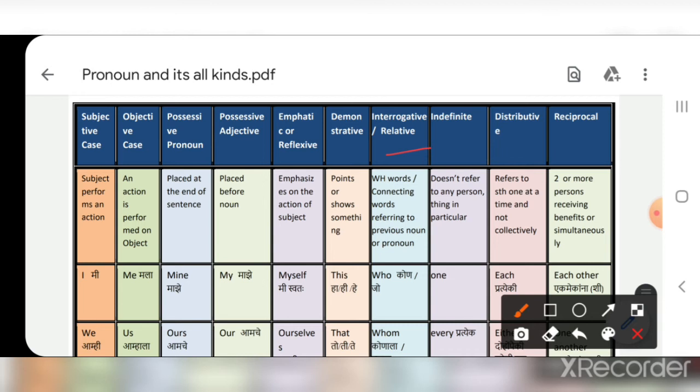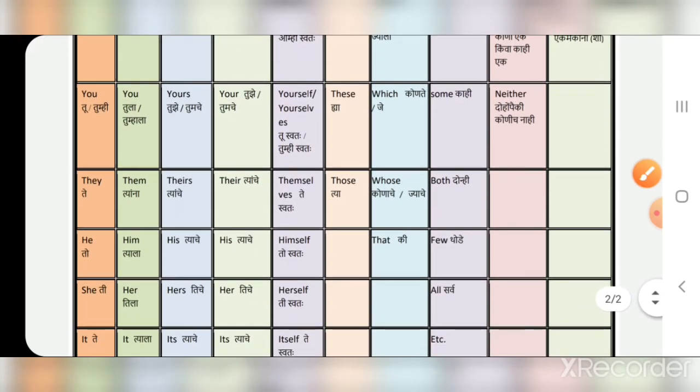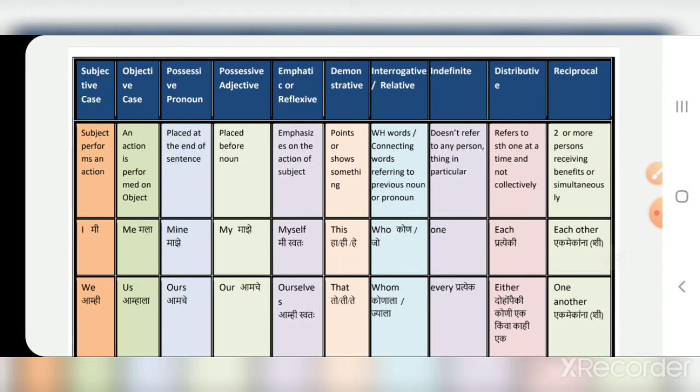Here, by using who, I'm again relating that who to the person, that means to the subject I talked about earlier. Now next, who, whom, which, whose, and that. In this way only we use these pronouns as well. You are supposed to guess these pronouns in a sentence.